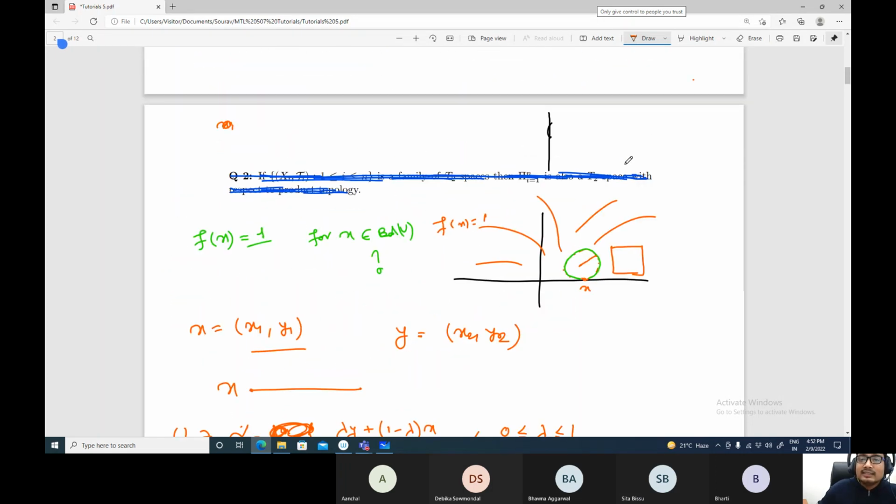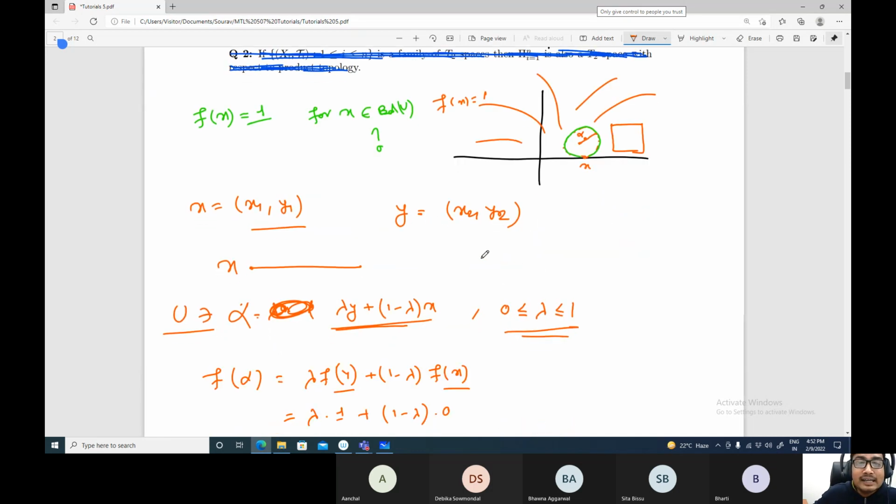That is the distance from x to the point alpha. So if this is your point alpha, you define it as alpha, and by this argument you fill in the functional value on U. This kind of extension is called a linear extension.